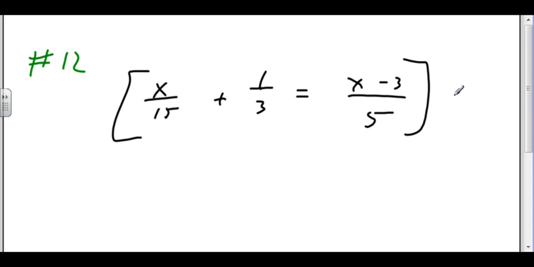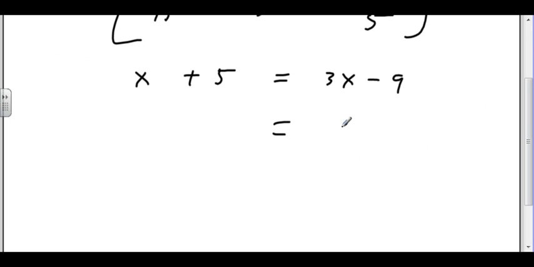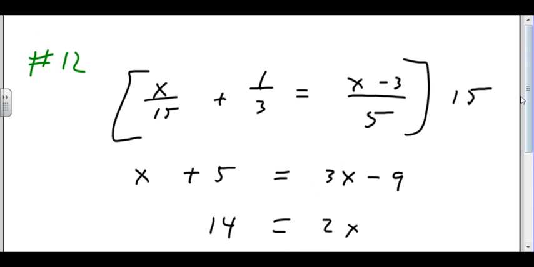I get rid of the bottom, again, multiply by 15. x plus 5 is equal to 3x minus 9. 2x is equal to 14. x is equal to 7. And I'm done.